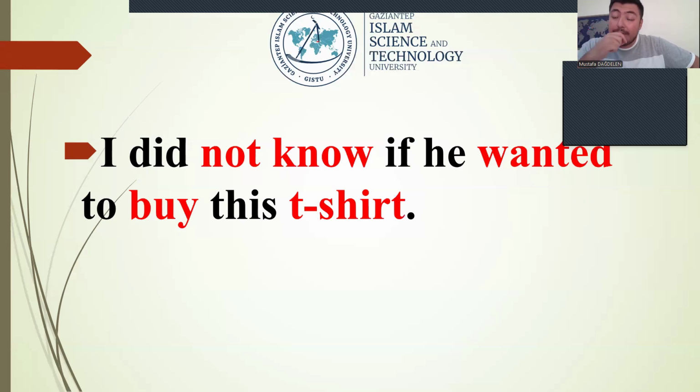The negative auxiliary "not" is again the stressed one, and we understand the meaning of the sentence: not know, wanted, buy, t-shirt. When it comes to I did, if, he, to, this, these are less important words. They are function words. That's why we do not stress them.